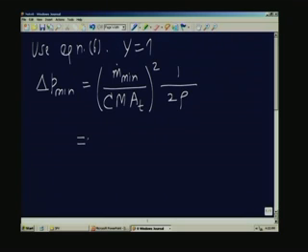So I will just substitute the values. A_T is the throat area, which is given by pi d squared by 4, and that happens to be 0.012 square meters.